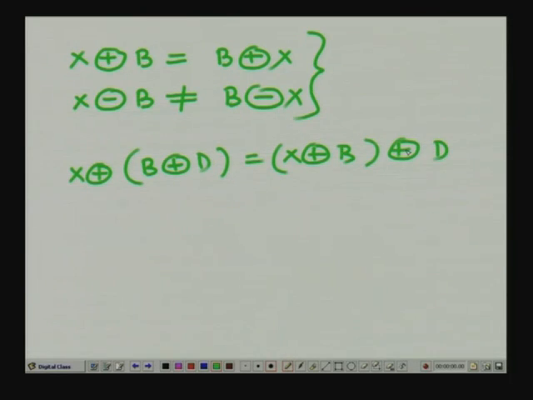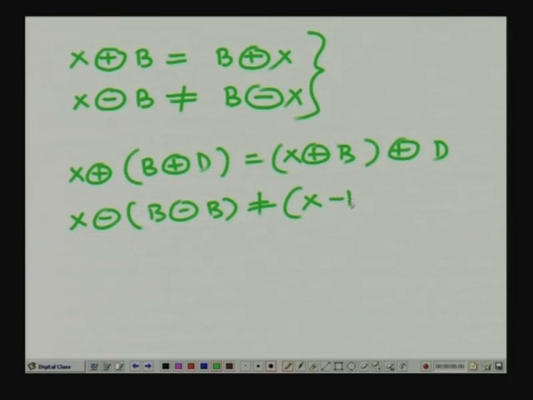However, this is not so in case of erosion, that is, X erosion B erosion D is not same as X erosion (B erosion D). So, these are the cases where the properties of erosion and the properties of dilation are different.